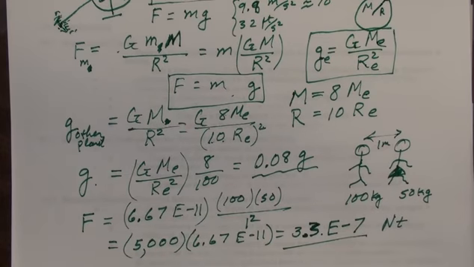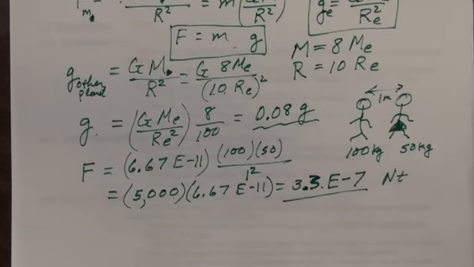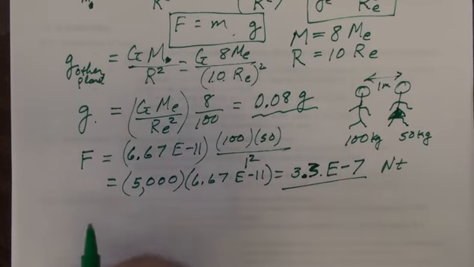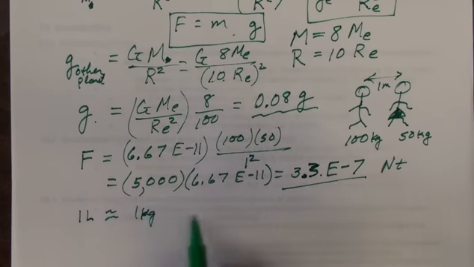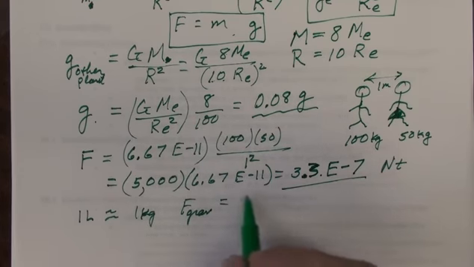Well, just to remind ourselves of what a Newton is, let's see what that force would be. 3/10 millionths of a Newton. Well, let's take a bottle of water. 1 liter of water weighs about 1 kilogram. And let's see what the gravitational force of 1 liter of water is.